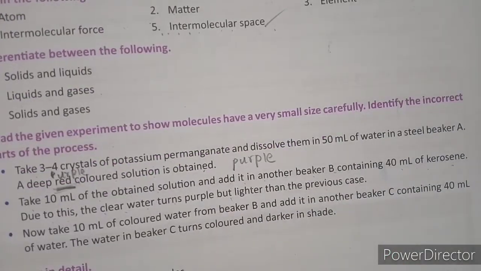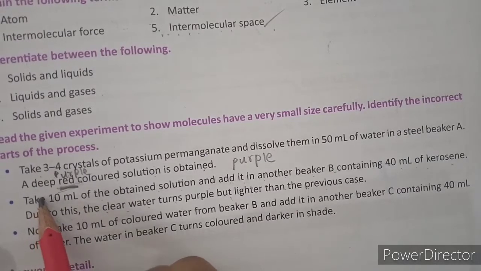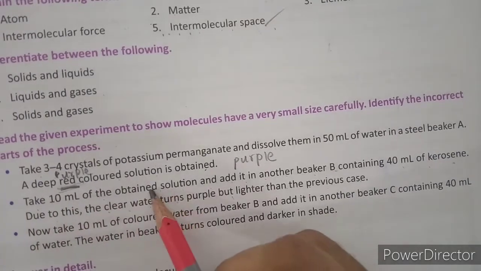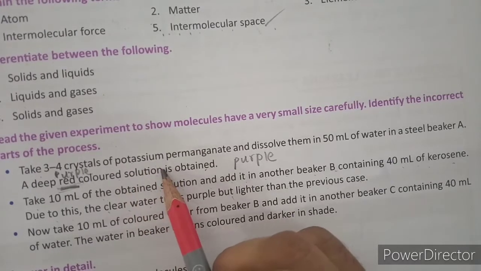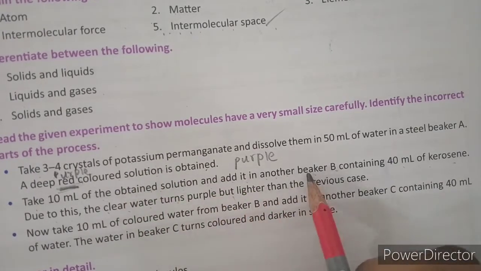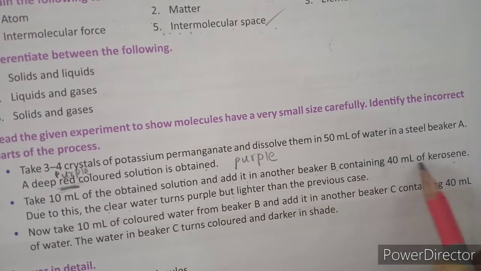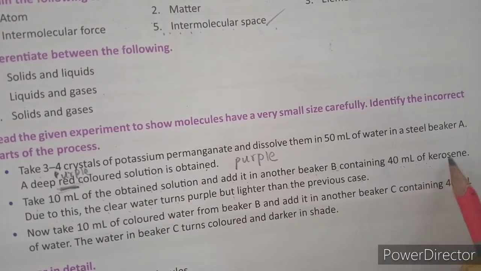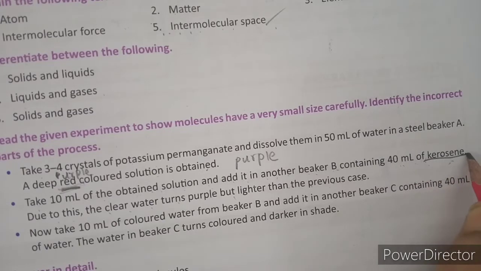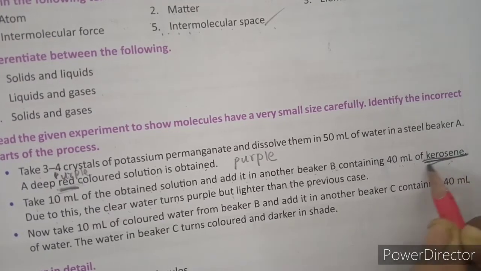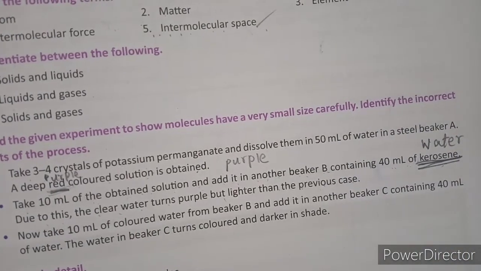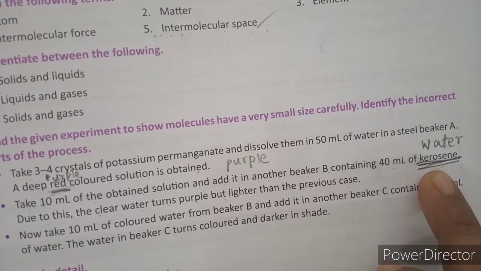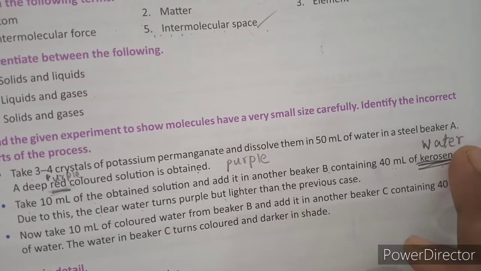Now, if you are going through these statements, take 10 ml of the obtained solution, means the solution which is obtained in the first step, and add it to another beaker containing 40 ml of kerosene. So, kerosene is not of any use here. This is the incorrect word. Here, you should write water. Kerosene is the incorrect word, write water.